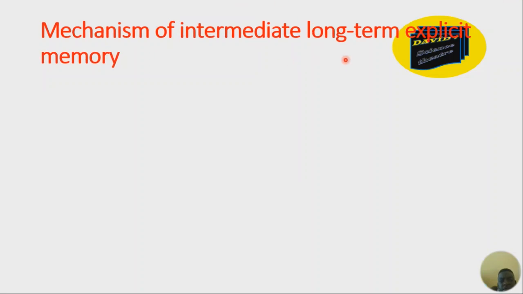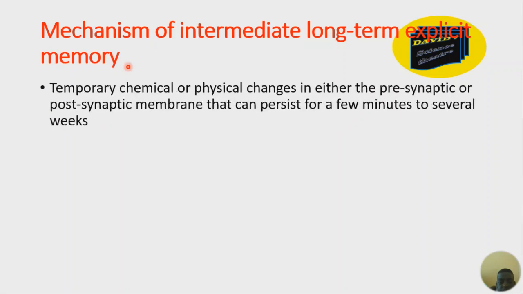So, the mechanism of intermediate long-term explicit memory. We said intermediate, that is, memory which is not too short and not too long. Not short, not long. So that is intermediate long-term explicit memory. This one involves temporary chemical or physical changes in either the presynaptic or postsynaptic membrane that can persist for a few minutes to several weeks.